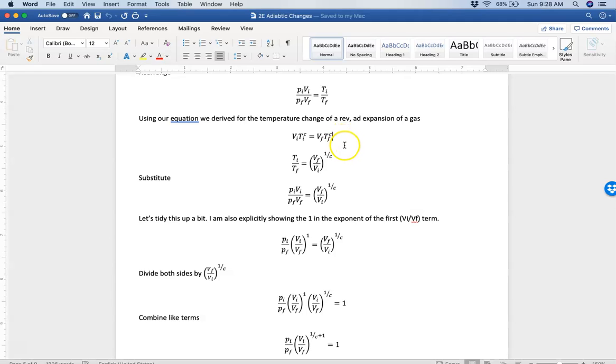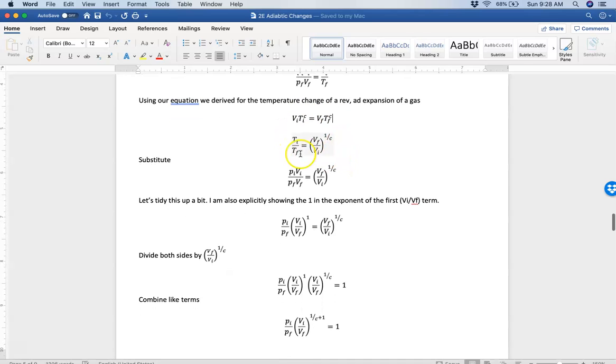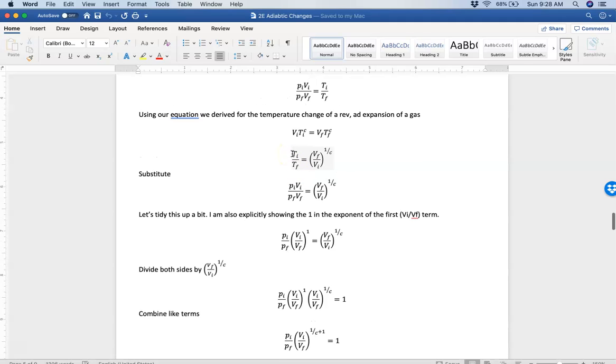So let's rearrange this so we end up with it in such a form that we can substitute it back into this equation here. What I've done here is taken our basic equation for the reversible adiabatic expansion of a gas with changing temperature and rearranged it, so now we have Ti over Tf equals this.